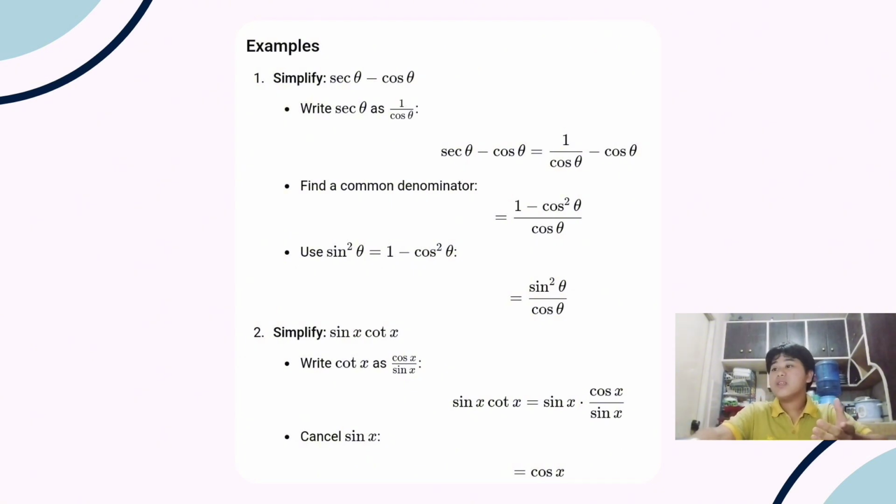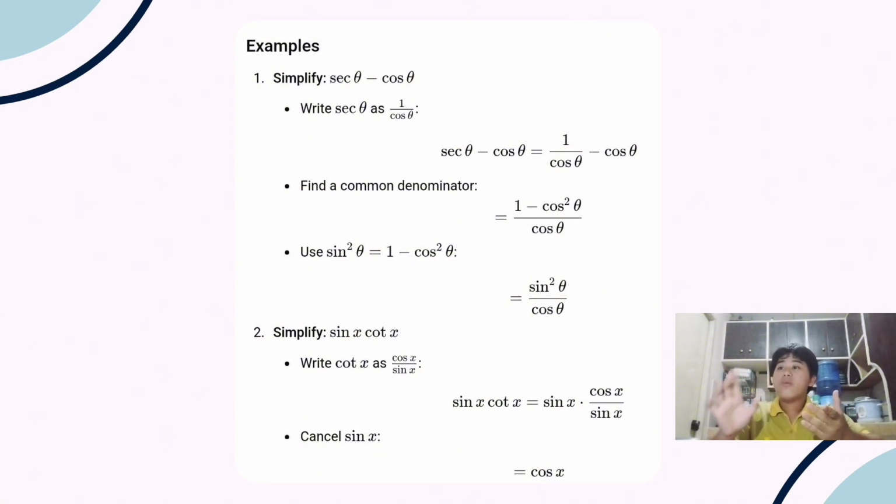So the next thing that will be done is finding the common denominator. Since their common denominator is cosine theta, by using the common denominator we will have 1 minus cosine squared over cosine theta. Since the numerator is one of the examples of the Pythagorean identities, later on I have prepared examples showing that using the Pythagorean identities, we can manipulate it into another form of functions or identities.